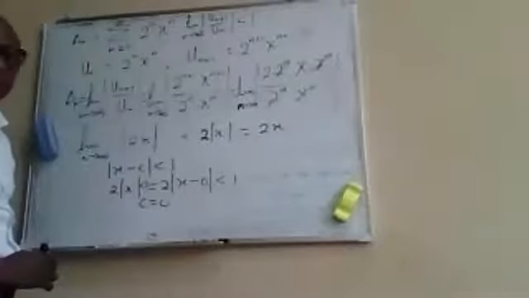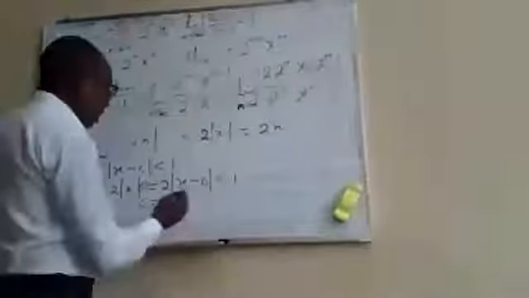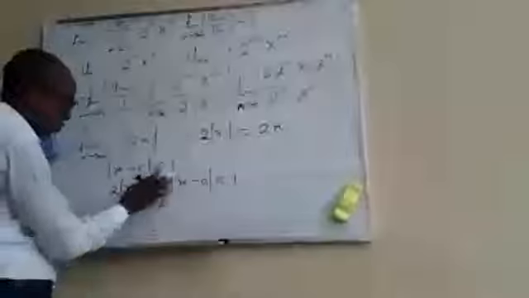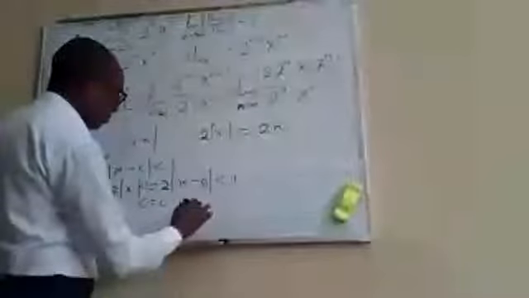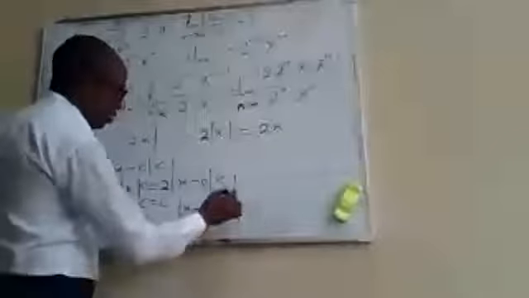So this shows that your c, which is the center, is the same thing as 0. So if c is 0, then the 2 here is not expected according to the formula, so divide by 2. When you divide by 2, we are going to have absolute of x minus 0 less than 1 over 2. 1 over 2 is less than 1.